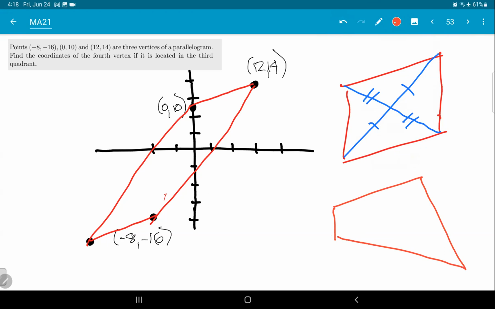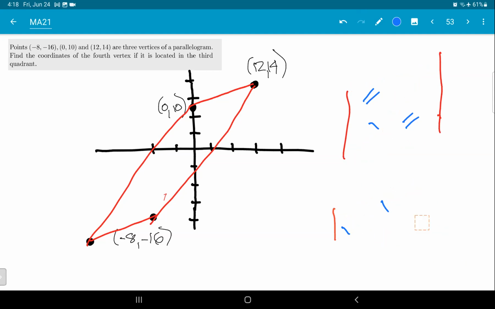So if you draw the diagonals of a quadrilateral, they do not necessarily bisect each other. Hindi sila nag-bisect. Hindi equal. But for a parallelogram, whether it's a square, a rectangle, or a rhombus, as long as it's a parallelogram, the diagonals will bisect each other.